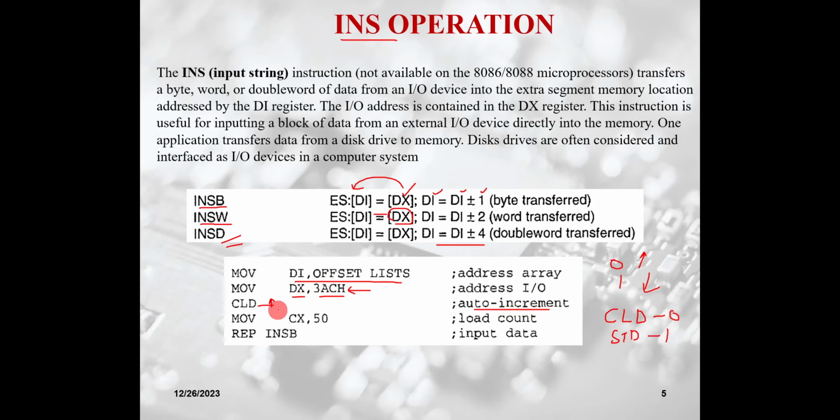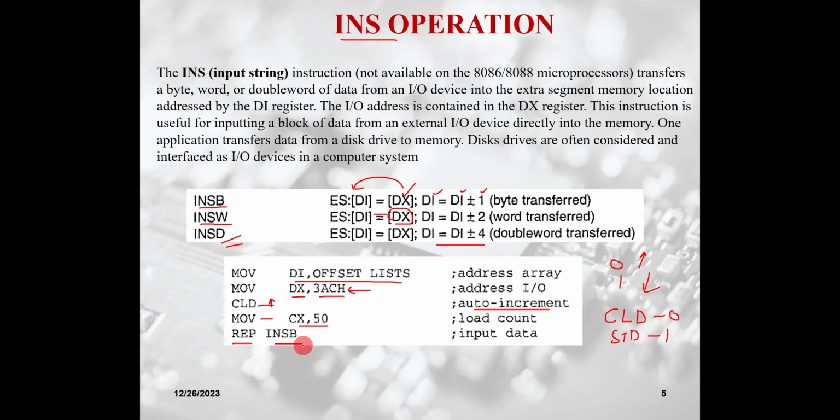Now suppose I have to get 50 data from the same port and store them into different memory locations. Then I can use the MOV command and put CX as 50, and I write a repeat instruction, REP INSB.